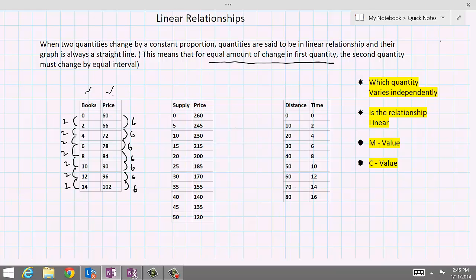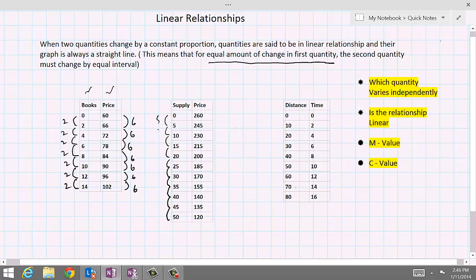Now let's take a look at the second data set, in which the two quantities, supply and price, are the two variables. We can see that in the supply variable, there is a change every time by 5 units. However big or small the data is, the change is always by 5 units in this variable.